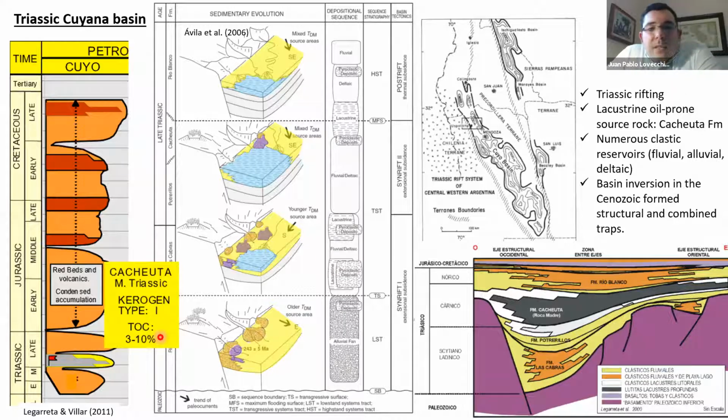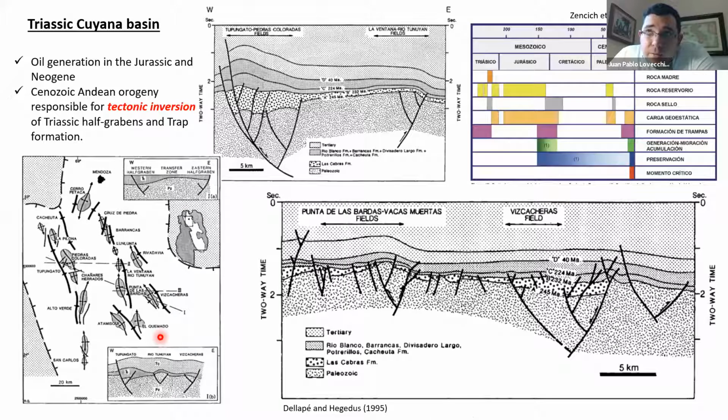What's particular about the Cuyo basin and also of all the other Subandean basins in Argentina is that they were submitted to compression during the Tertiary. So in the case of the Cuyo basin, this compression produced deposit center inversion, tectonic inversion, and this tectonic inversion is responsible for the generation of traps.